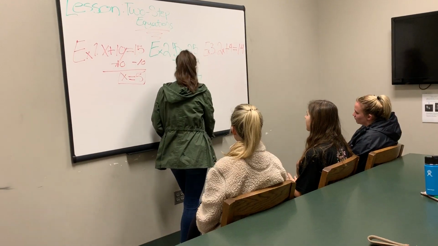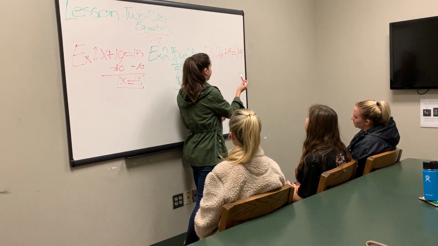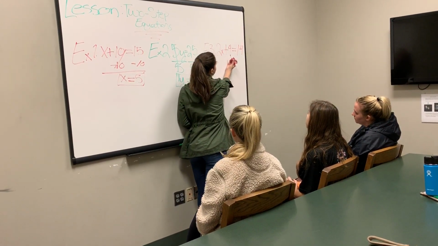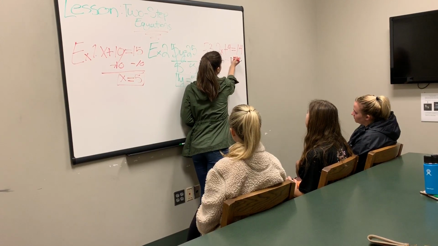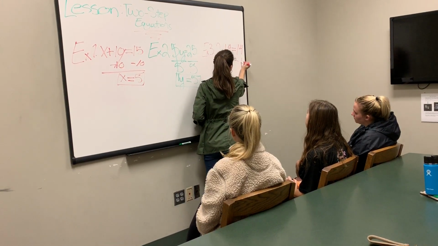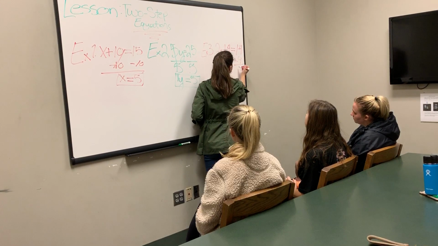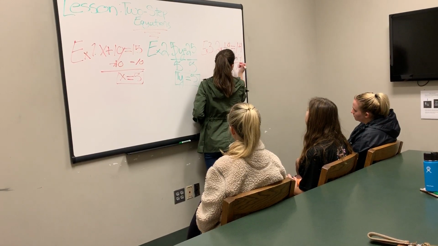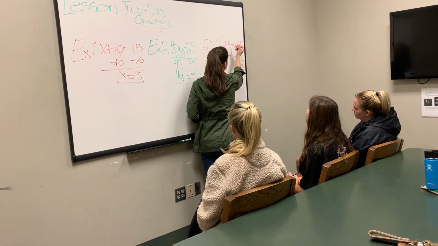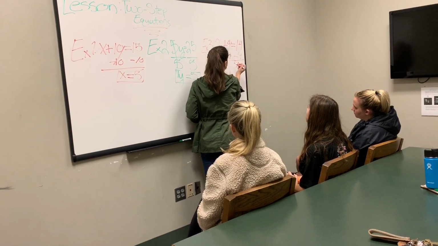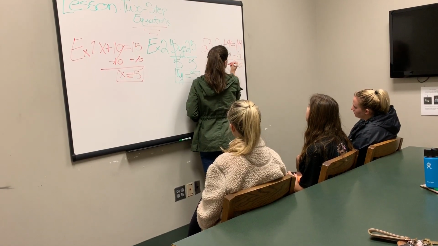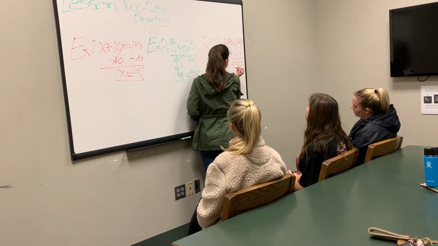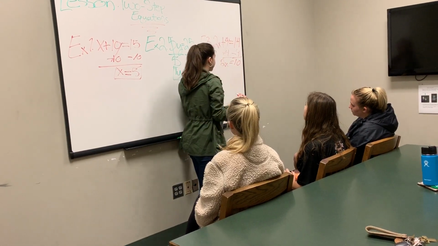So what we're going to do is, because of its addition, you subtract 4 from both sides, which gives you 10. 4 minus 4 gives you 0, so that cancels out. And then 2x equals 10.